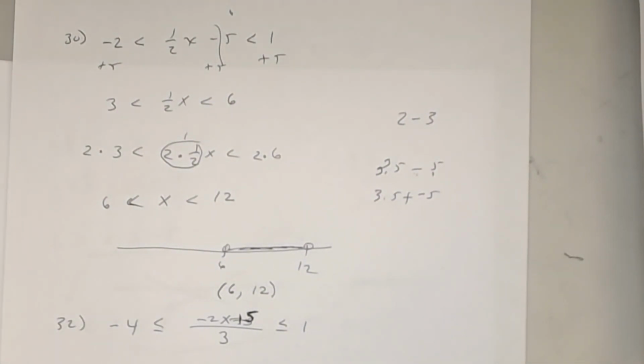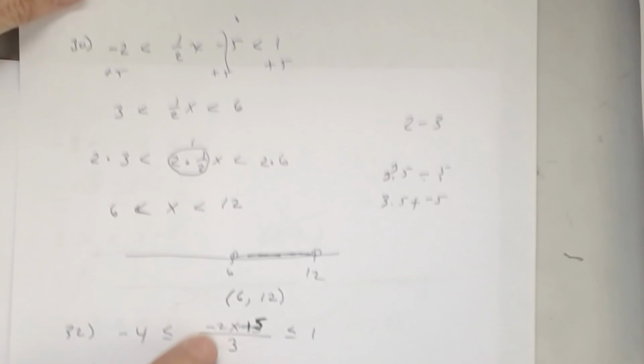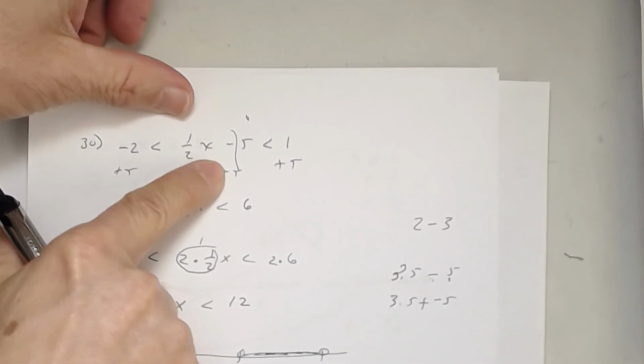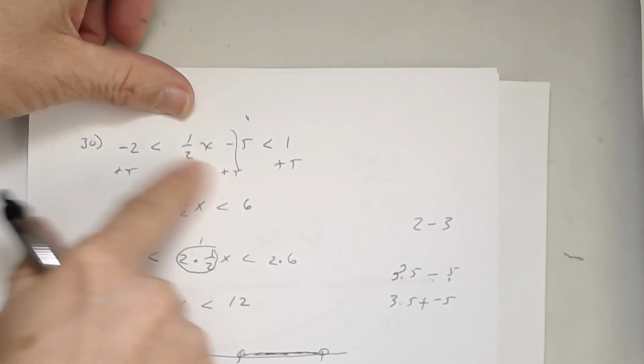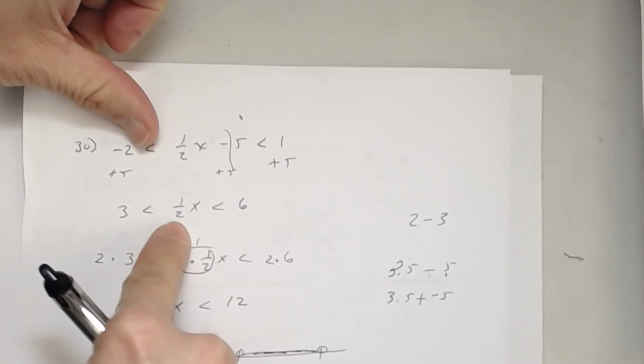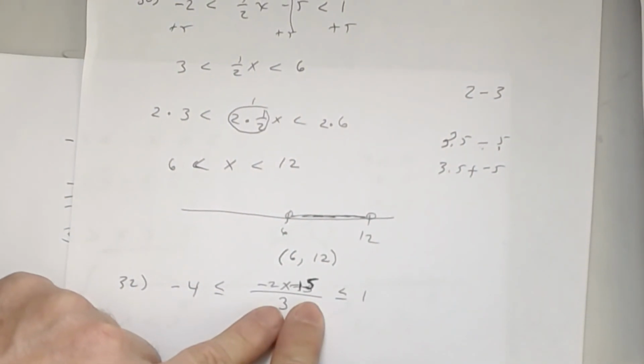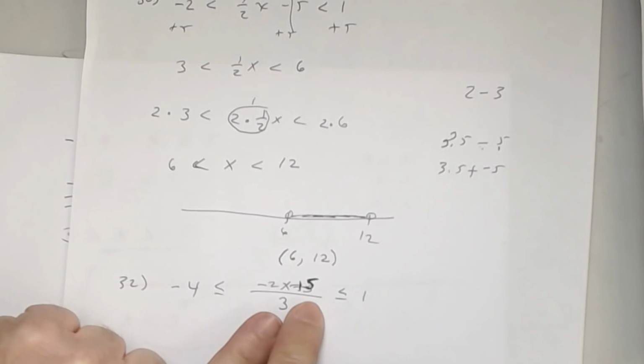All right. Now, the difference between this one and this one was over here, it was a lot easier to add 5 to all parts first, and then multiply all parts by what? 2. Here, don't subtract 5 from all parts first, because that is not just +5.